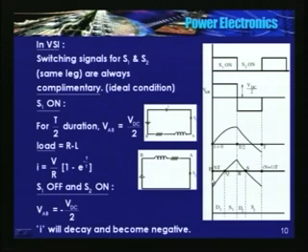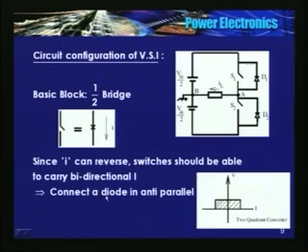So when you close S2, this is the equivalent circuit. See in this, when I open S1 and close S2, point A gets connected to the negative of the battery.